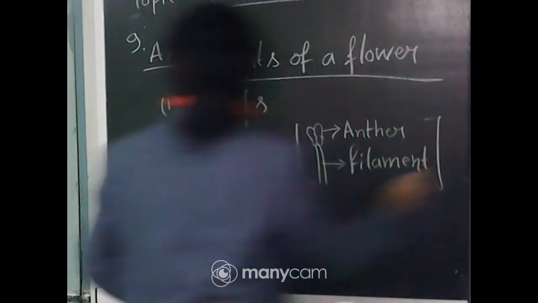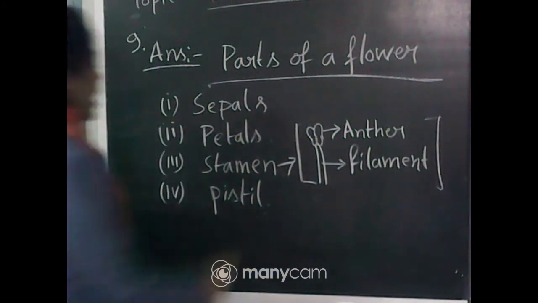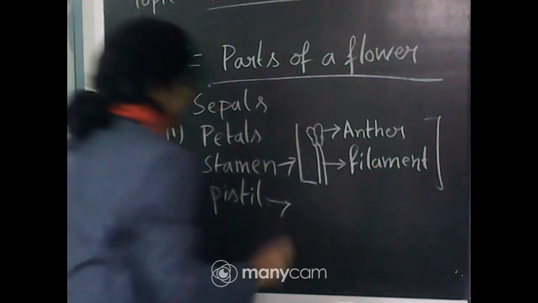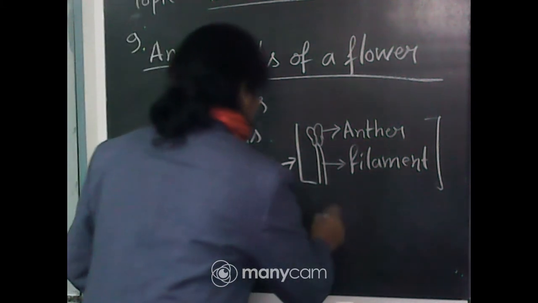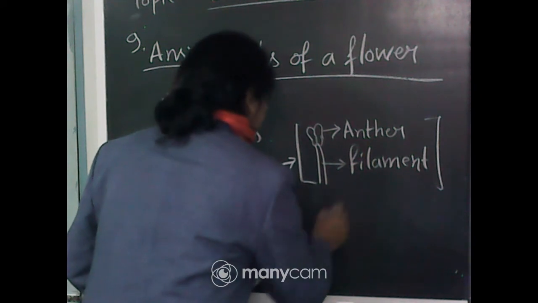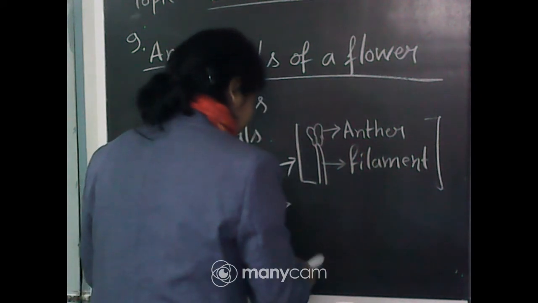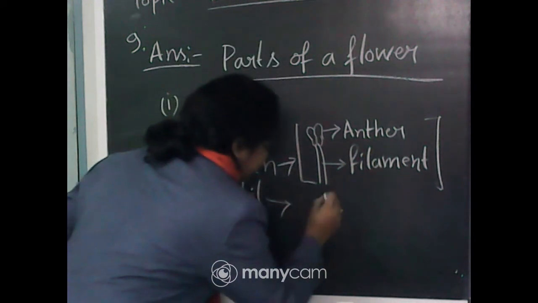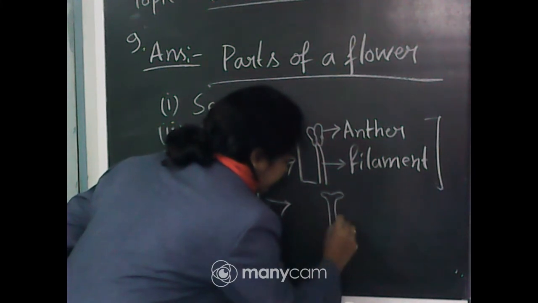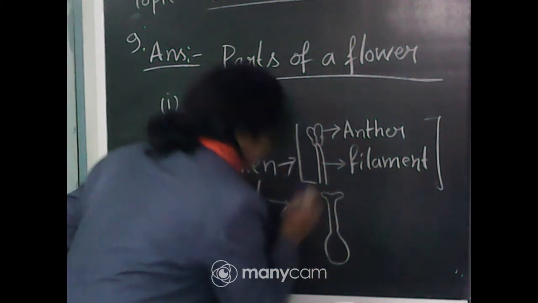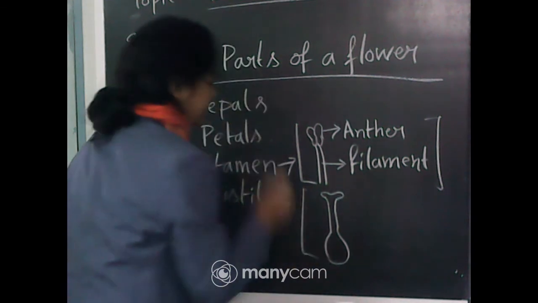So this is the total structure of a stamen. And the pistil is the female reproductive organ of a flower. The pistil also has three parts: stigma, style and ovary. So I am drawing the total structure of a pistil, how it looks.